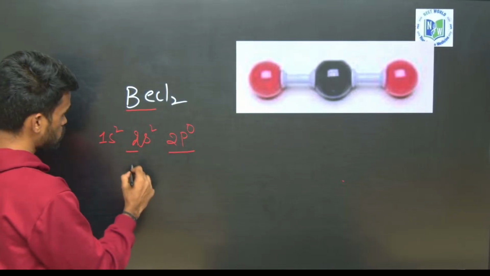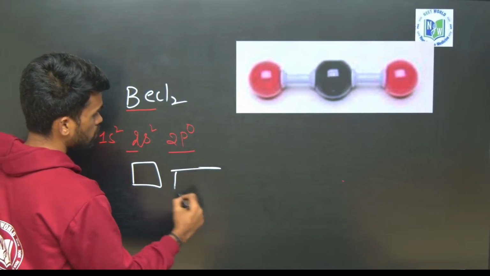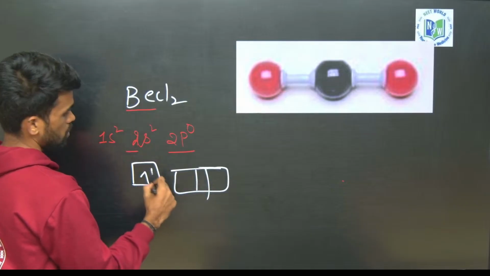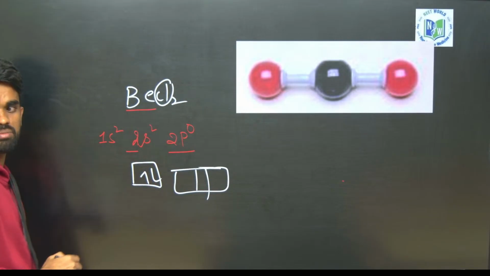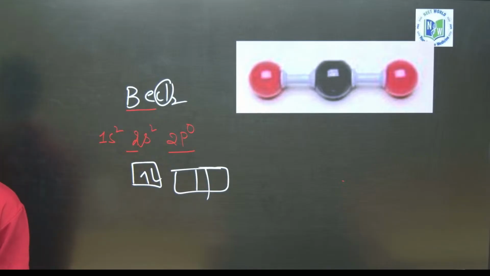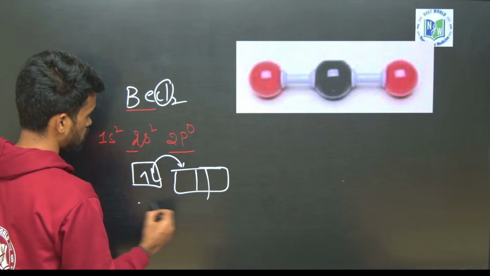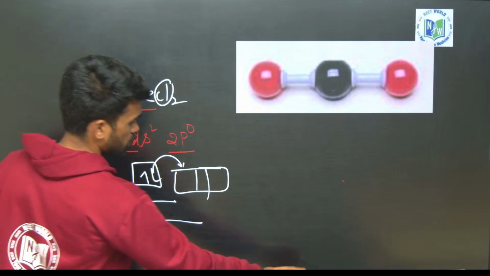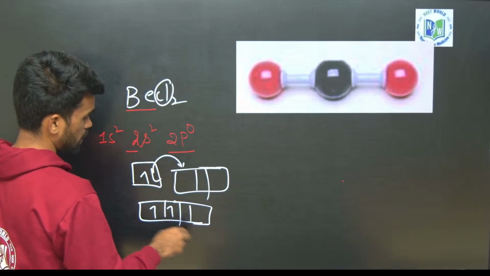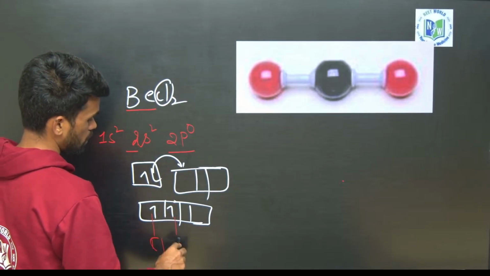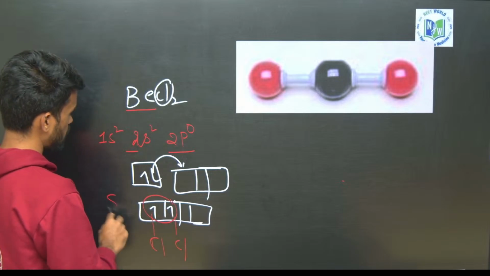The 2s2 means we have 2 electrons, but how many bond pairs are required? There are 2 surrounding atoms, so 2 bonds are required. So an electron jumps here, and we have one chlorine here and one chlorine here. What is the hybridization we get here?